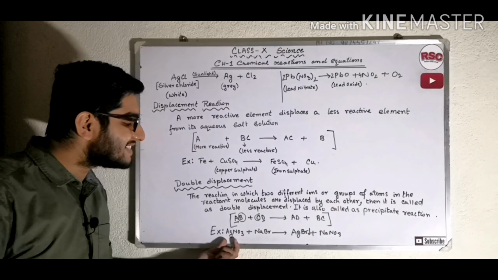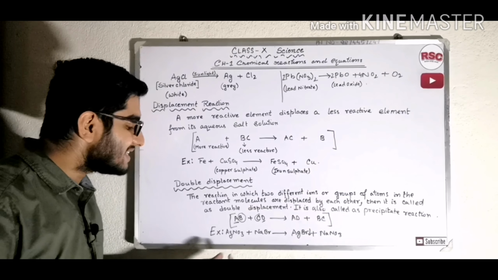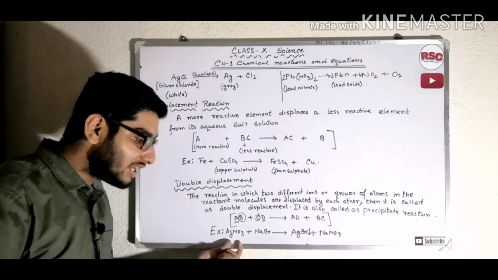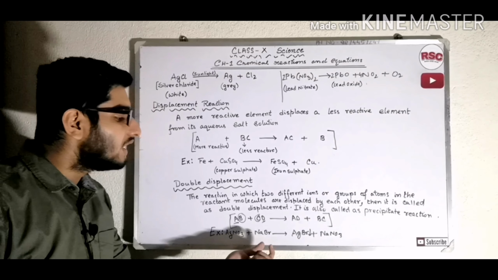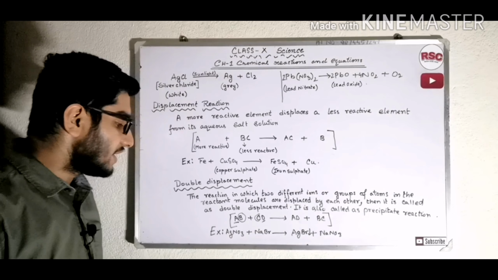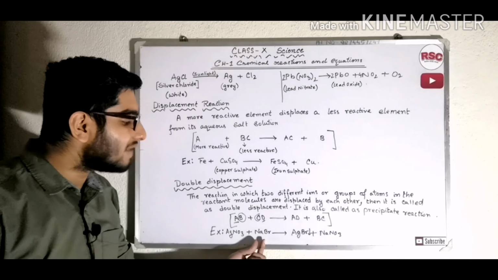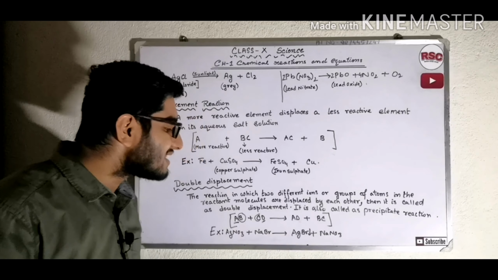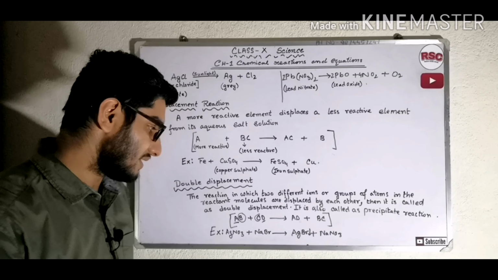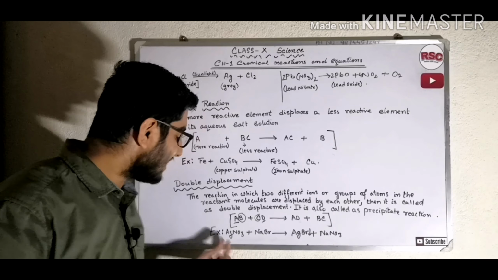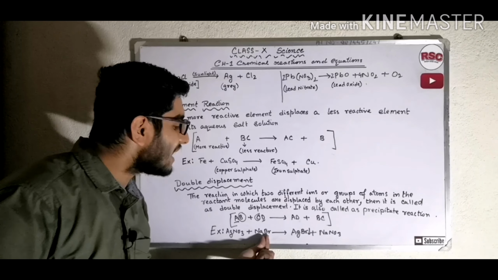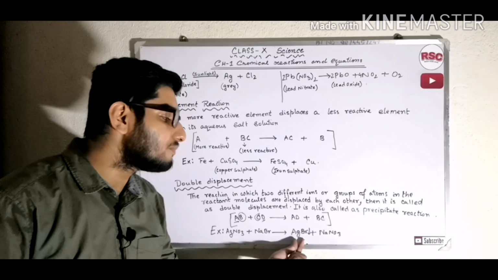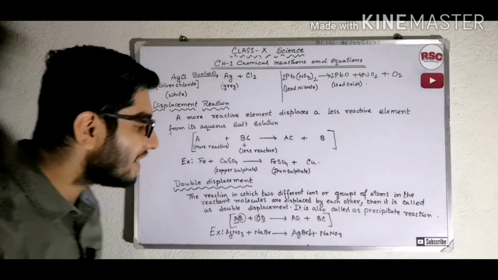I am just giving you an example. Just see, AgNO3 plus NaBr. AgNO3 is silver nitrate, NaBr is sodium bromide. Now when silver nitrate and sodium bromide are the reactants, the products are AgBr, where Ag is displaced with Br, so it becomes silver bromide and sodium nitrate.